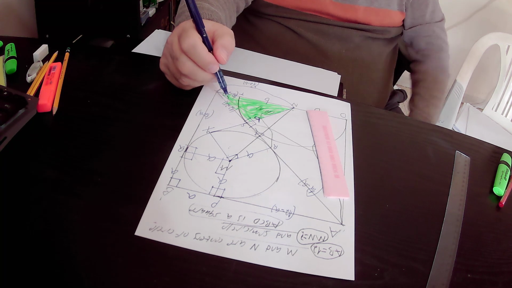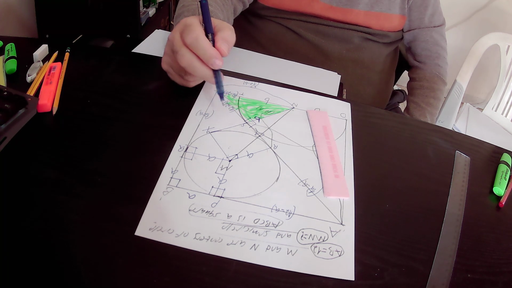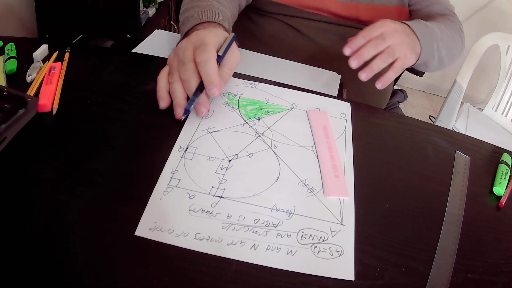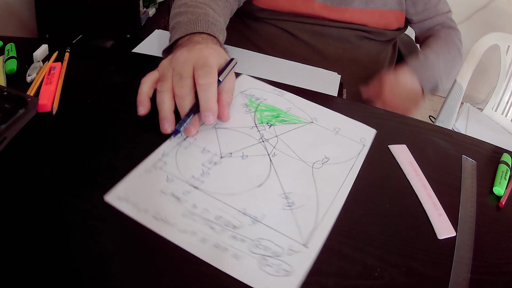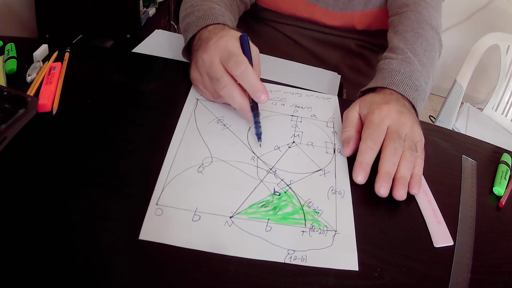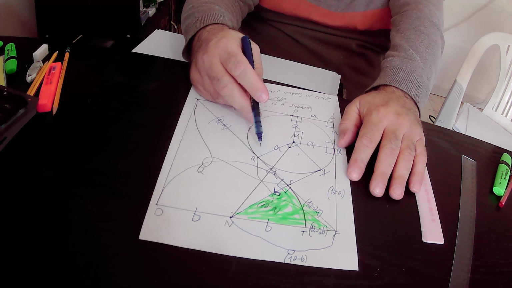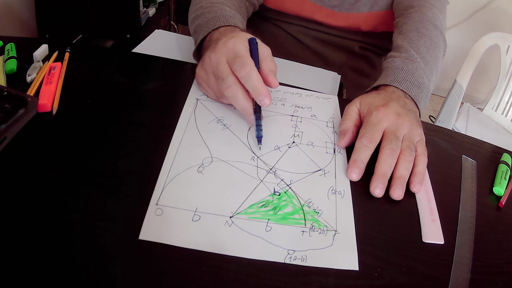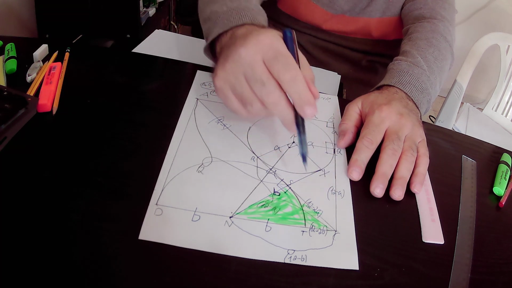So here we created quadrilateral RMXS. But before that, we have the radius MR. The radius MR of this circle is drawn to the point of tangency, that is to say, to point R, the point of tangency of tangent AC with this circle.